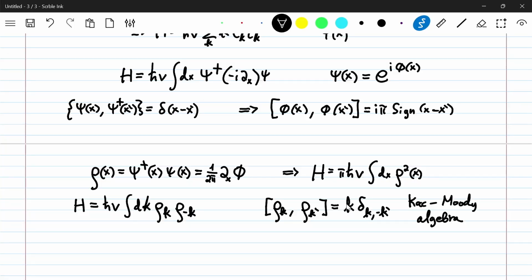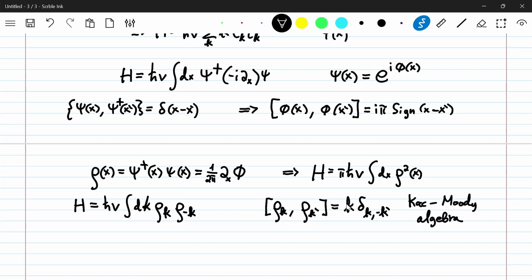So the reason I wrote it like this is because now, if I look at rho of K and rho of minus K, it appears that they obey a commutator that, if I divide by a factor of K, I'm going to get something that looks like a coordinate and momentum, like uncertainty.